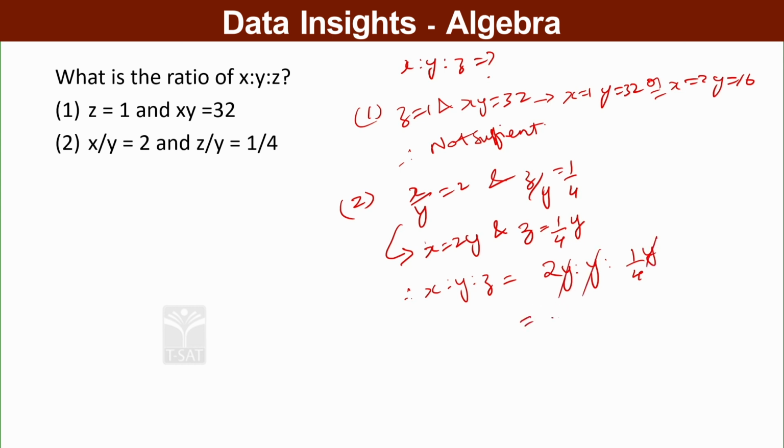That is 2 is to 1 is to 1 by 4, which is 8 is to 4 is to 1. Therefore, yes, this information is sufficient to answer the question. So, the answer is option B, where statement 1 alone cannot answer the question, but statement 2 alone is sufficient to answer this question.